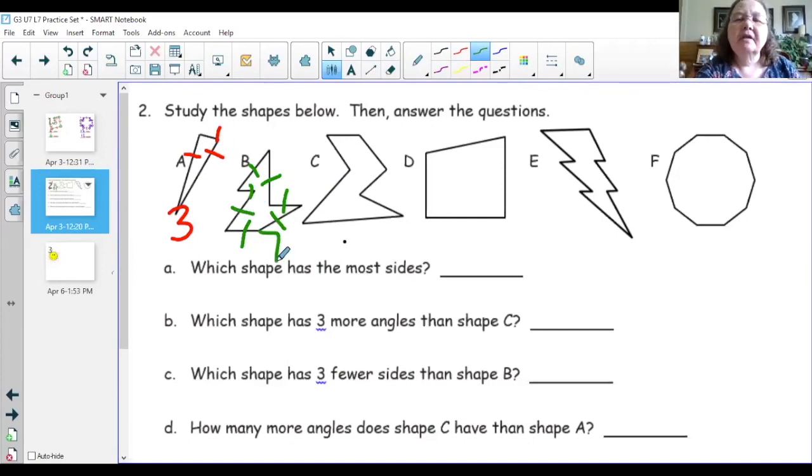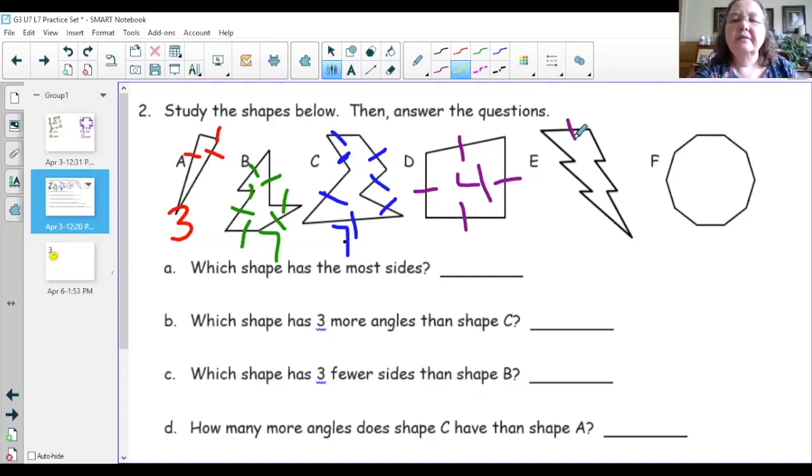Okay, let's look at the next one. 1, 2, 3, 4, 5, 6, 7. Let's look at the next one. 1, 2, 3, 4. And let's look at this one.